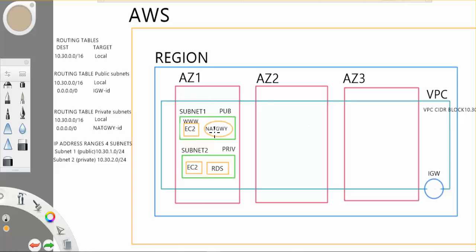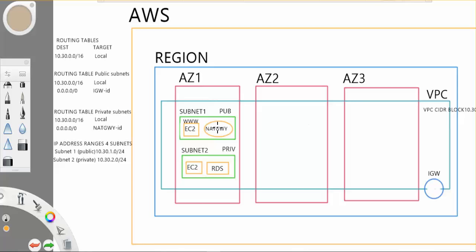In this particular case, the NAT gateway is not going to have a public IP address assigned to it the same way that we assigned it to the web server in the example. Instead, it is going to have what is called an elastic IP address, an IP address that doesn't change if you reboot the NAT gateway.